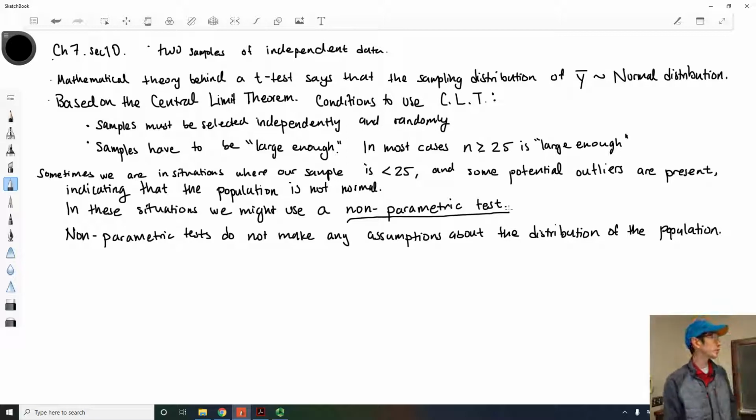All right, and because of that, in general, non-parametric tests are less powerful than parametric tests.